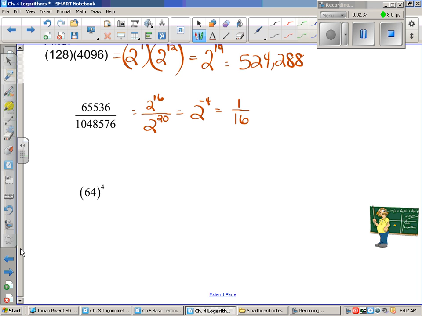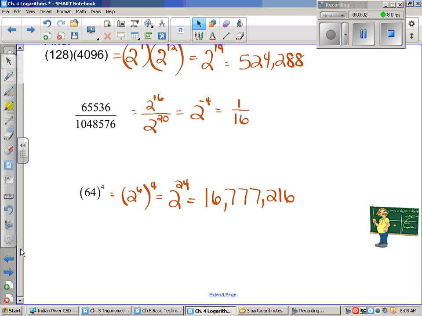Or we could say, hey, that's the same thing as 2 to the 6th raised to the 4th, so that's 2 to the 24th. And then look quickly at the chart and say, oh, that's 16,777,216. Amazing how much faster that is than multiplying. And you can see why the discovery of exponents really lightened the load for these mathematicians.